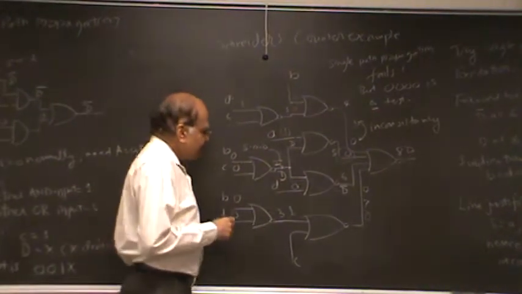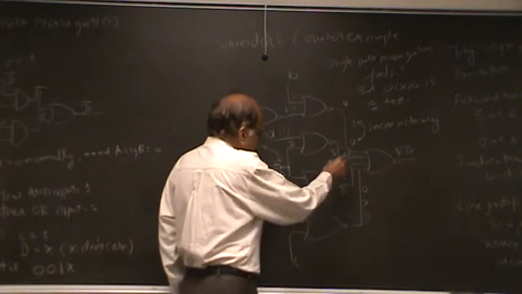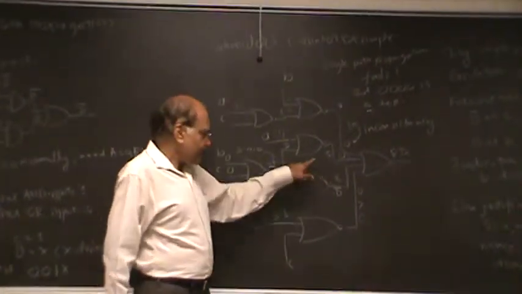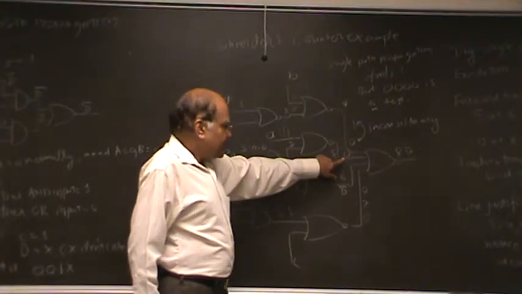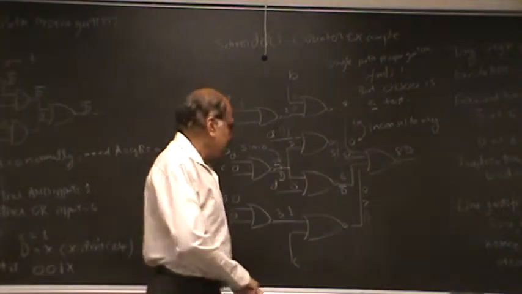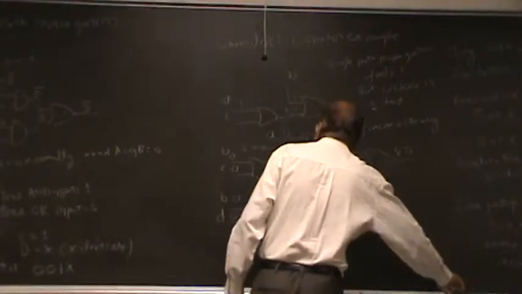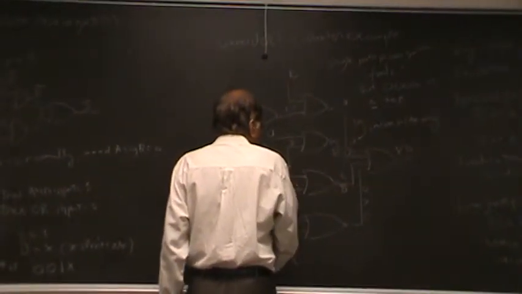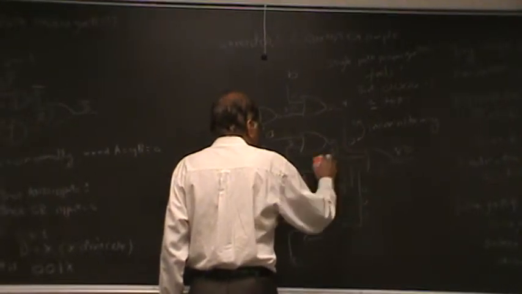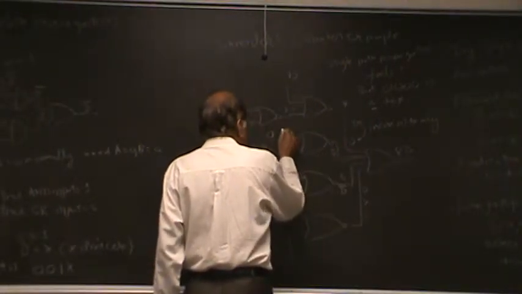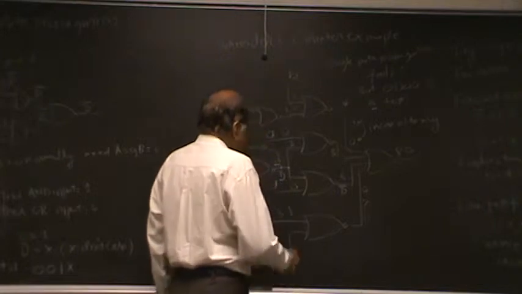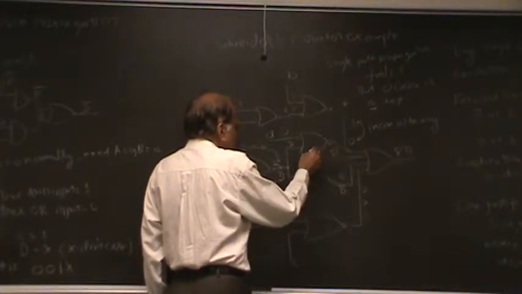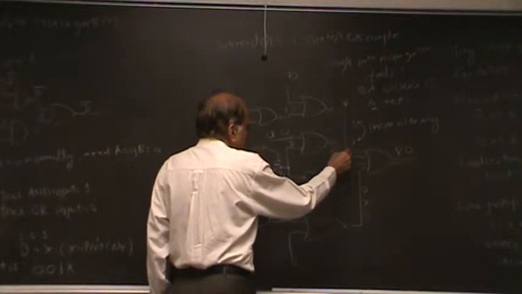Notice here that we had insisted that this should be a 0, right? That was our assumption. If we had not insisted, then what we could have done is, if this is a 0, this D would have propagated here as D bar.